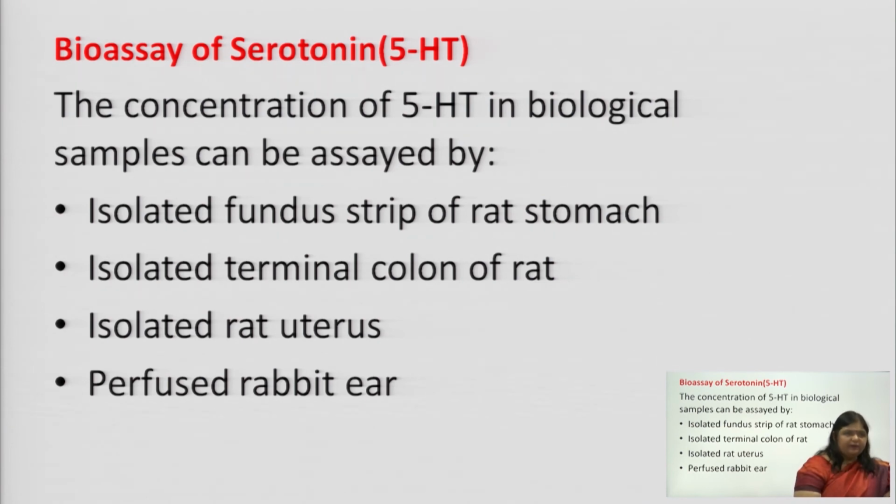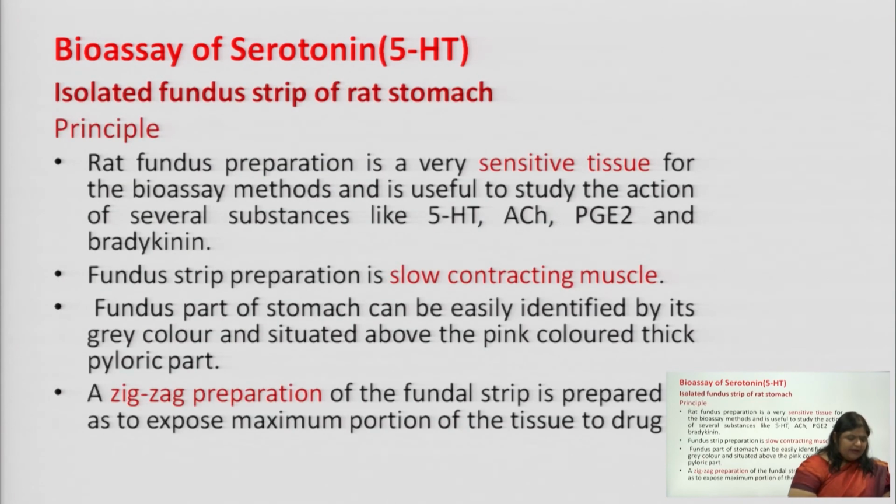Again, it is a graded point bioassay. You can carry it out by any method, by bracketing, by interpolation, or by multiple point bioassay. The important thing here is how to dissect out the rat fundus. Rat fundus preparation is a very sensitive tissue for this bioassay of 5-hydroxytryptamine, and this fundus strip is a very slow contracting muscle.